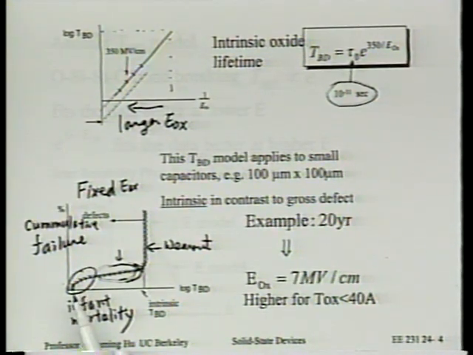You can think of this horizontal axis as referring to the severity of defect. The left-hand side is a very severe defect. Intrinsic would mean there would be no severe defect other than the intrinsic weak link in the SiO2. All right, good.